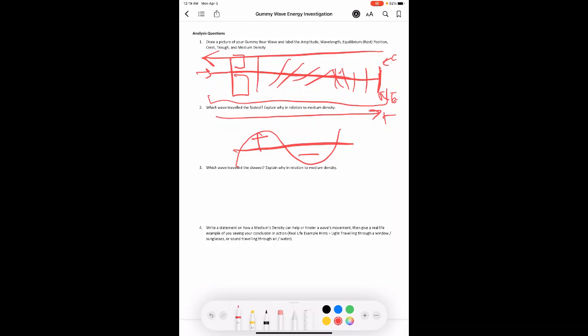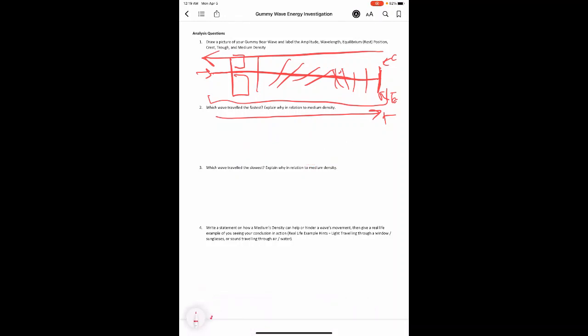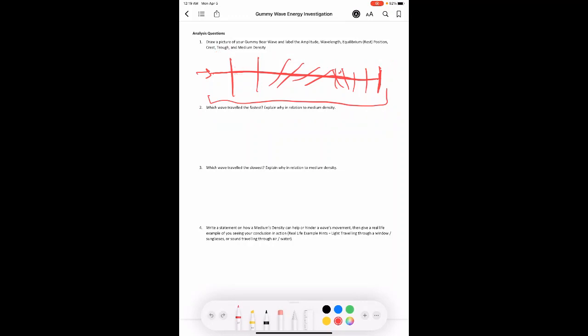The medium density ultimately is all the gummy bears, basically. You could count the skewers too, technically, but the gummy bears that are on the ends there are going to be the medium density. So you'll have to draw the gummies on there and have those medium density bubbles marked on there, basically. Which wave traveled the fastest and why?